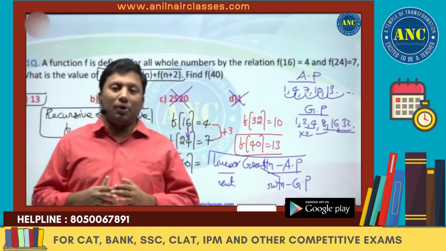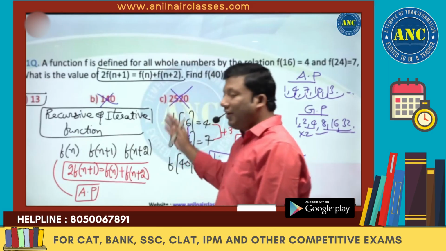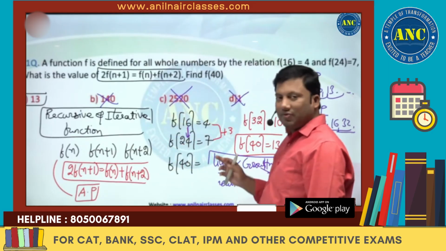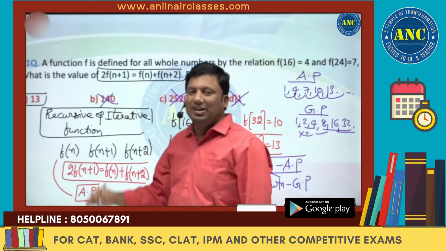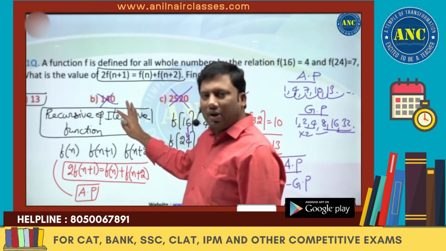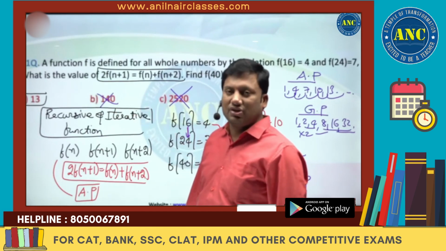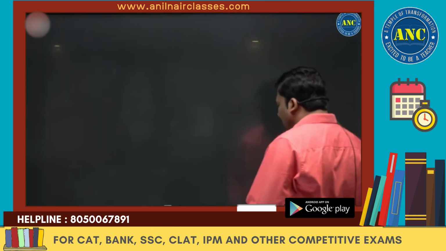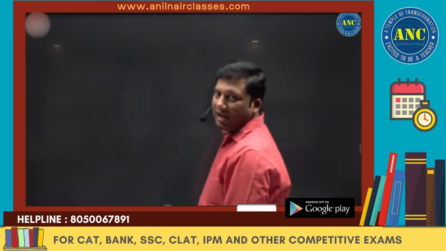In an arithmetic progression, the values will grow in a linear way, but 2520 is an extremely large value and it is an increasing series. 140 is also a larger value. I hope the idea is clear. This recursive and iterative function is an extremely important property, sir. A very good number of questions can come from this.